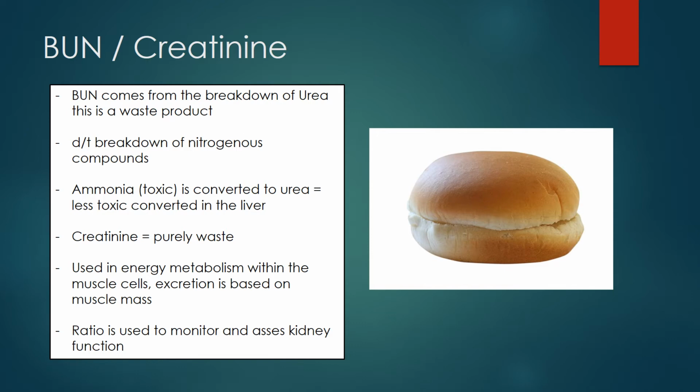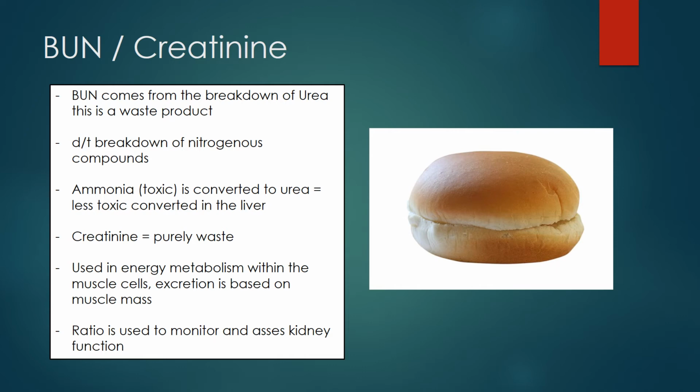One thing that should be noted is that creatinine is synonymous to your muscle mass. So big time weightlifters, African Americans, people who tend to have more muscle mass will have a higher creatinine level on average. So that's something to keep track of.